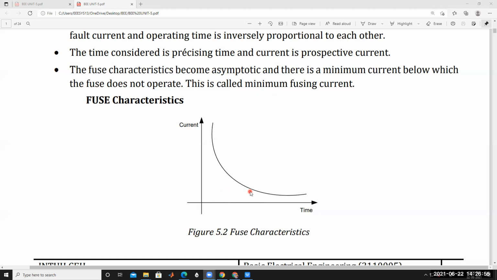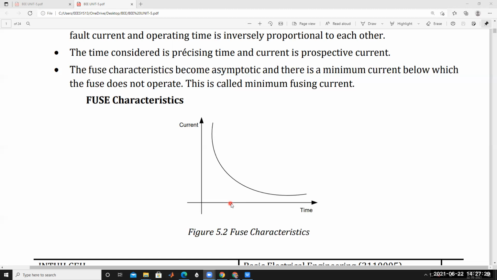If the fuse operating time is more, and it opens after the damage to devices like a fan or TV, what is the use of that? So the operating time of the fuse must be very less, that is milliseconds or microseconds. Then only can our home appliances or any devices be protected.